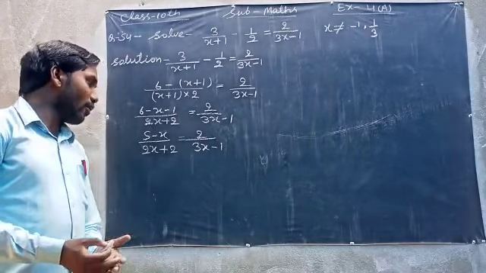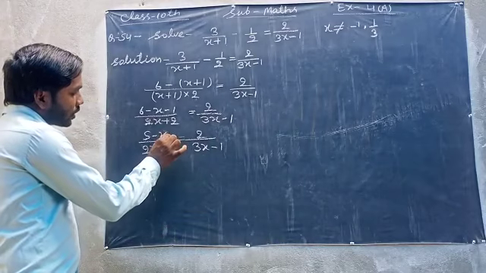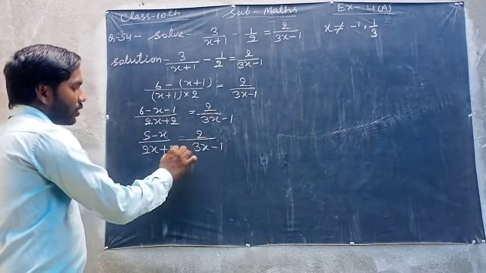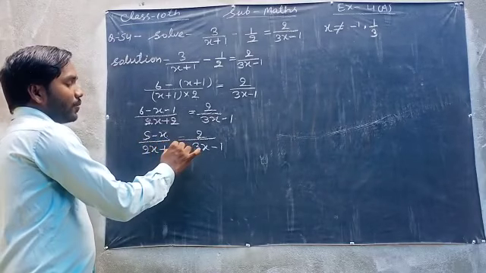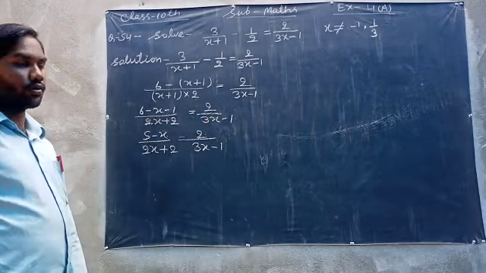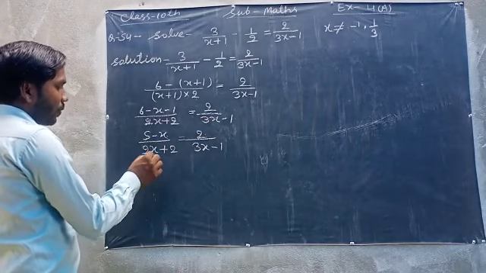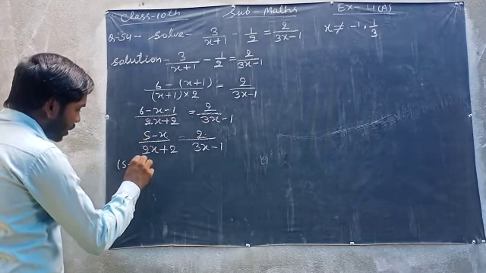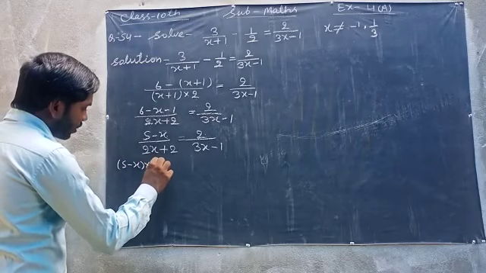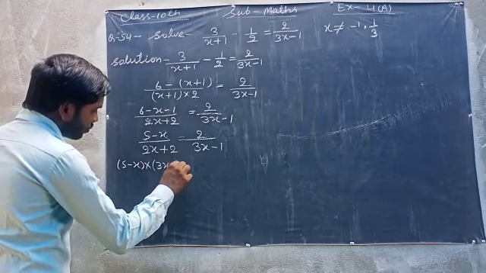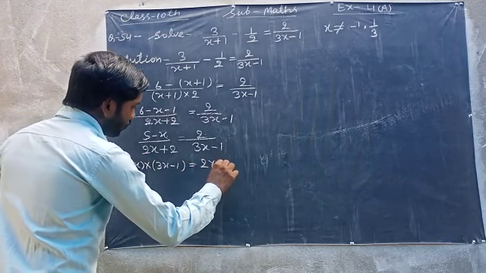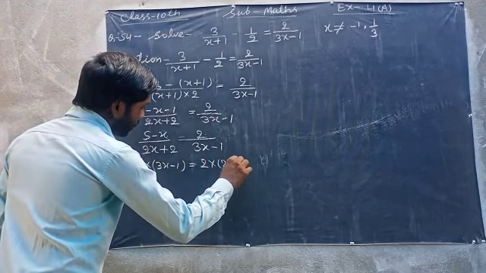Now we will do cross multiplication. This total part will be multiplied by this one, and this total part will be multiplied by 2. So let us do this: 5 minus x multiplied by 3x minus 1 is equal to 2 into 2x plus 2.